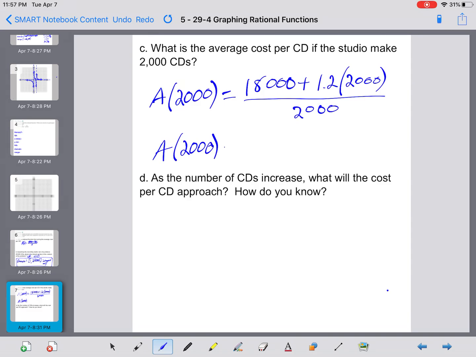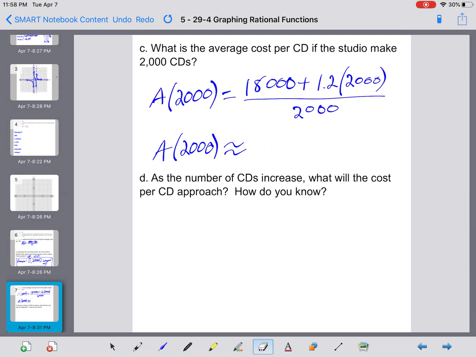Put a little approximation symbol there. I'm not sure if this is going to be a decimal or not. Okay, so let's see what we get. 18,000, we're going to add 1.2 times 2,000, and then we're going to divide it by 2,000.